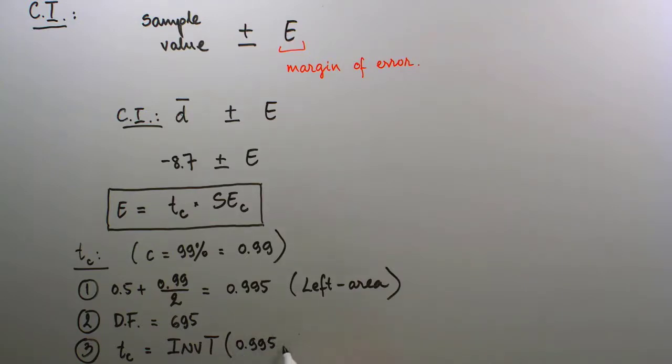Then we put in a comma, and we enter our degrees of freedom, 695 in this case. And once we execute and run this program, the final value that comes out will be the value for T sub C.